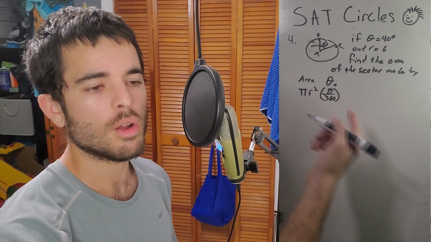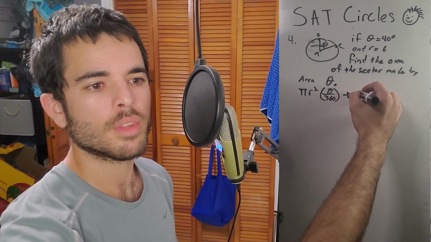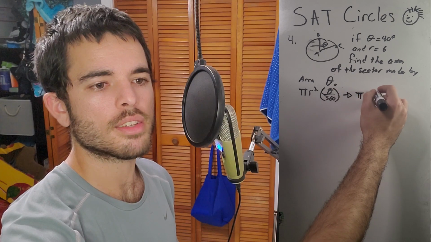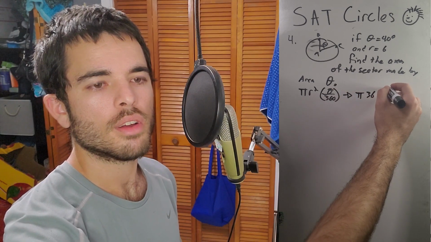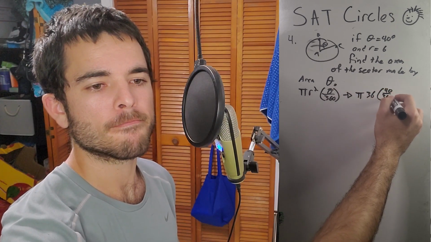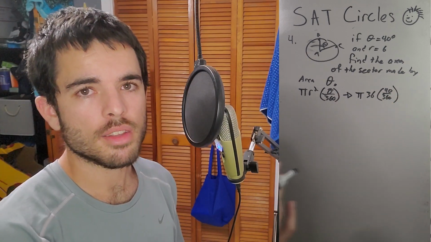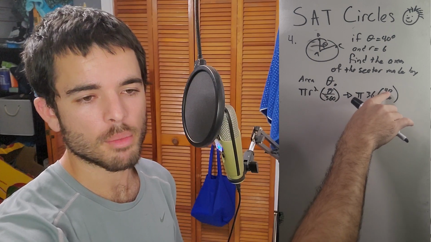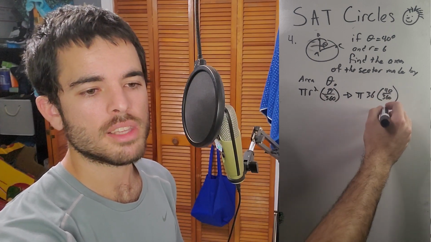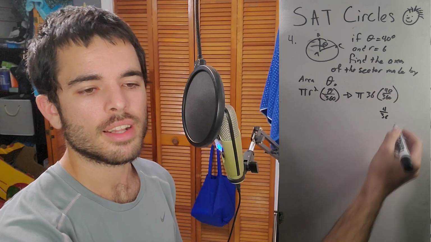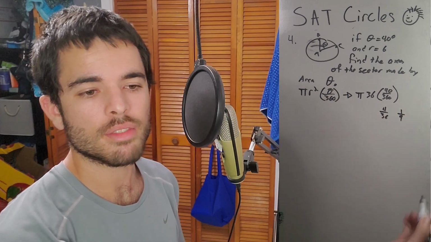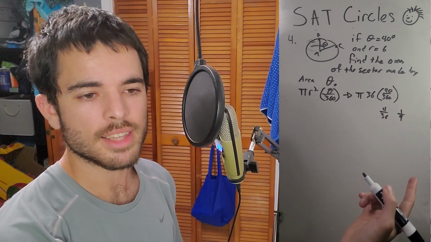Now we know r, we know theta. All we have to do is plug it in. So we have pi times 36 times 40 over 360. If this were a non-calculator problem, don't stress out. Take things one at a time, step by step. We have 40 over 360. That's basically 4 over 36, and that is 1/9, because 4 goes into 36 9 times.